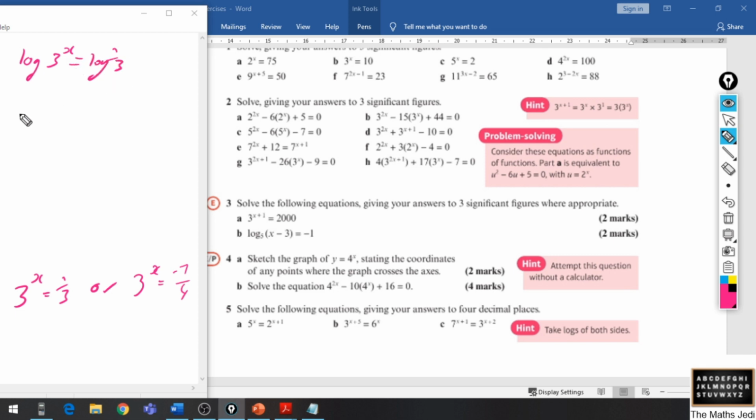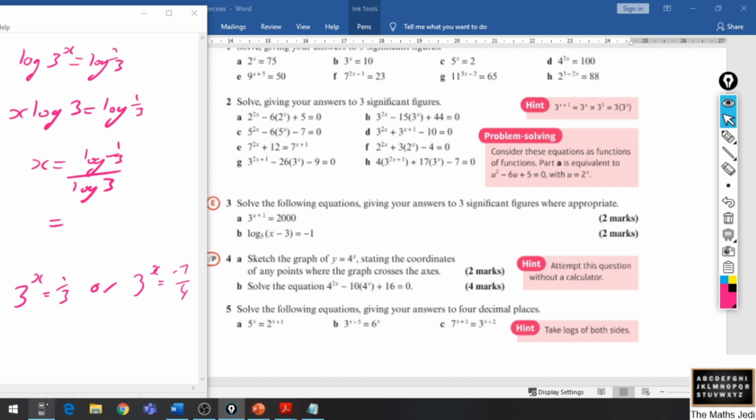So working on this side first, bring down the power. It's x log 3 equals log of a third. Divide through by log 3. So you've got log of a third divided by log 3. Let's do that one first of all.